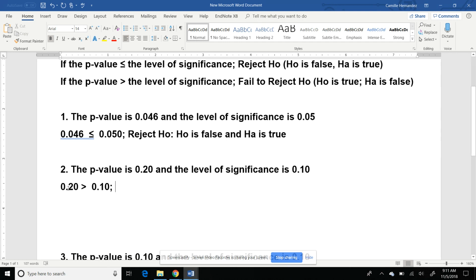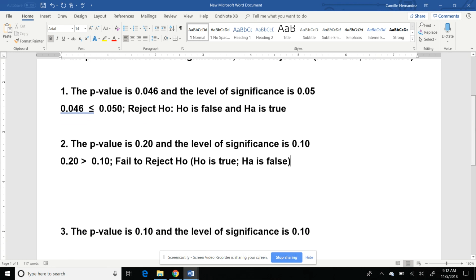Because 0.20, the p-value, is greater than 0.10, the level of significance, I fail to reject the null, which means H0 is true and HA is false. So the first one was reject the null, the second one was fail to reject the null, and that's what I'm trying to keep straight.